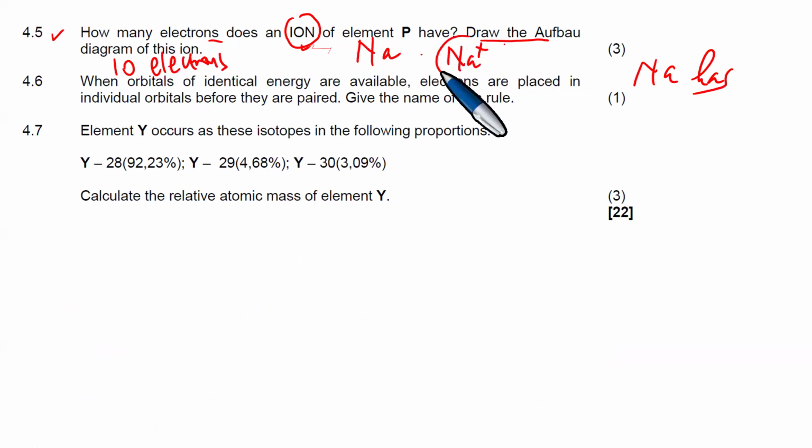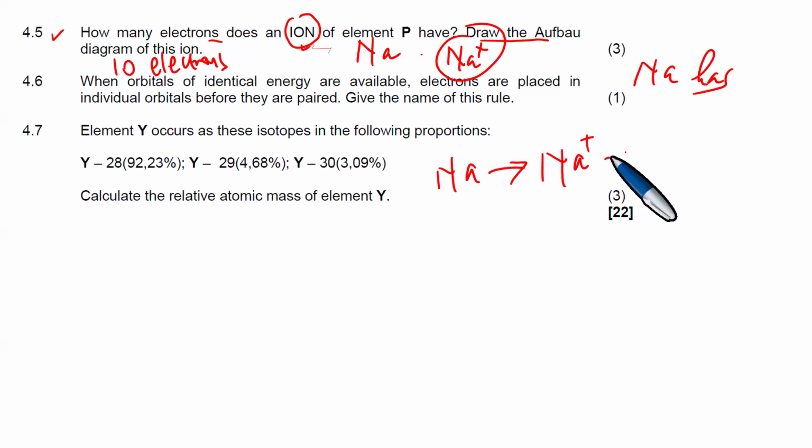Because it becomes Na plus, meaning it was neutral before, but now it has lost one electron. So Na becomes Na plus plus one electron. We're going to get more practice with these things. I want us to have further discussions this week. The idea of the Aufbau diagrams of these ions is something that you need to learn.